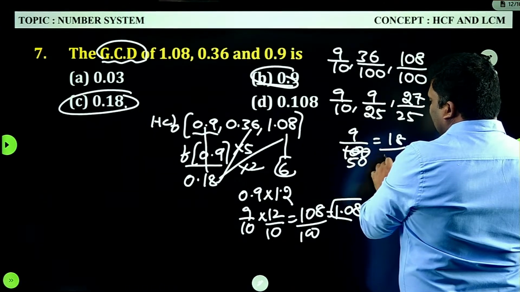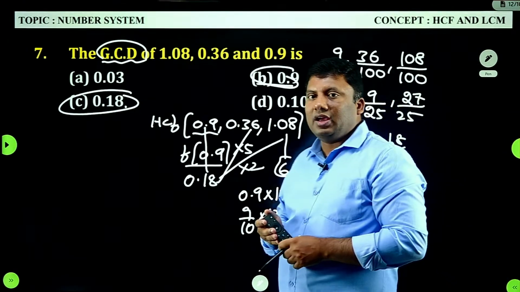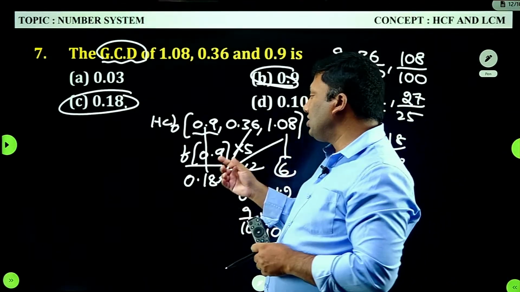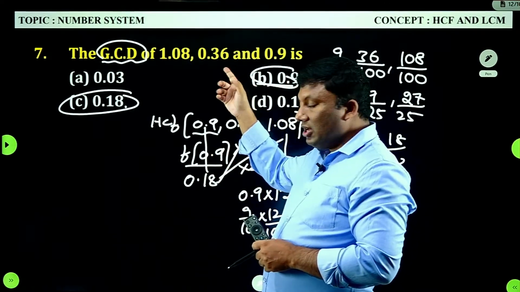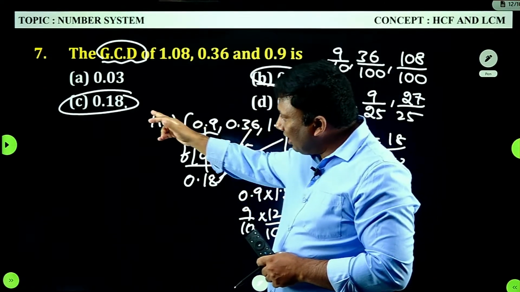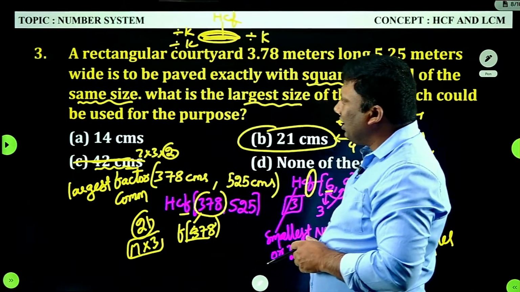It is 18 by 100, which is 0.18. The answer will be the smallest number or its factor. Factor of 0.9. If 0.9 is not dividing the other numbers, take the factors of 0.18. I hope the idea is clear.